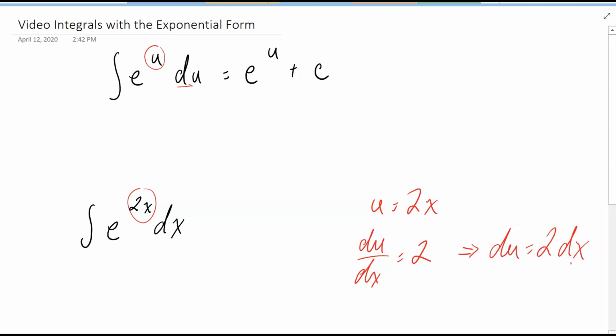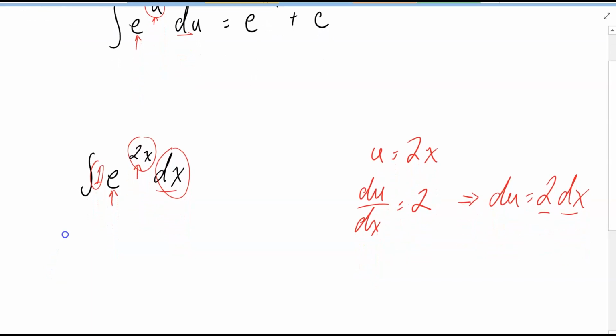Now if you notice, I've got my e to the u in the formula, e to the u, and then I just have 1 as a coefficient, dx, 1 dx. But over here, du is equal to 2 dx. So what we need is some multiple of our du that is equal to 1 dx.